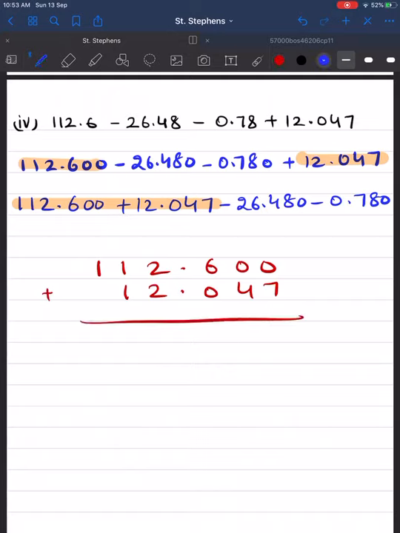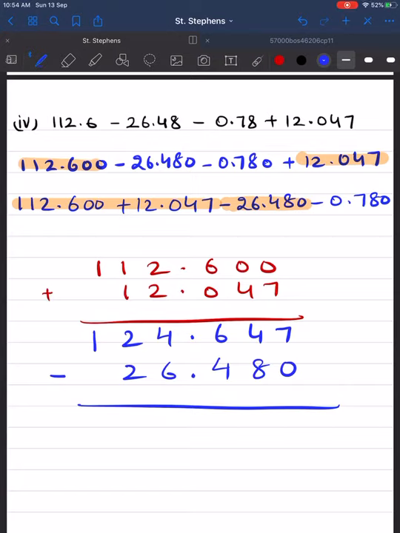So here we get 7, 4, 6, decimal below decimal, 4, 2 and 1. Now we write the third decimal number below it and we subtract. So we have 26.480 and we subtract.